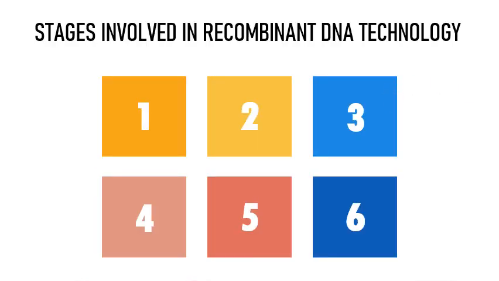The third process of recombinant DNA technology is amplification of the selected DNA, that is the desired gene, using PCR technology, polymerase chain reaction.